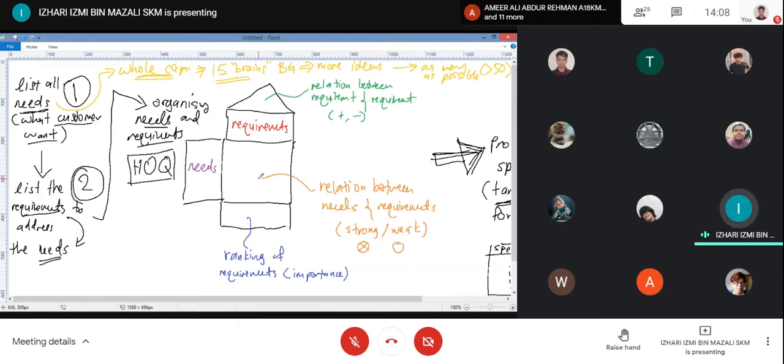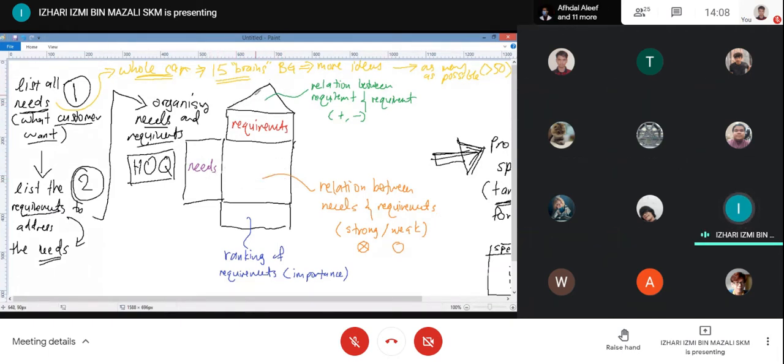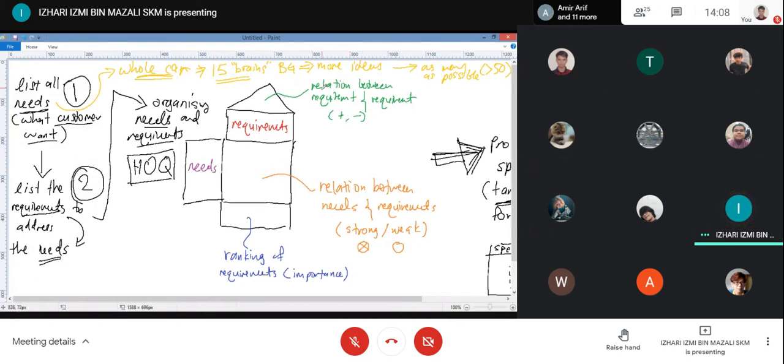Basically here, relationship between requirements and the needs. Okay, and then the roof of the house here is basically the relationship between the requirements. In this case, the relationship is plus minus or plus plus minus minus. Means in the case of the minus, you can see in this example.